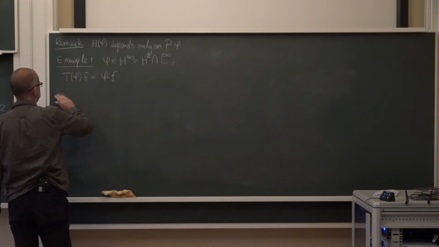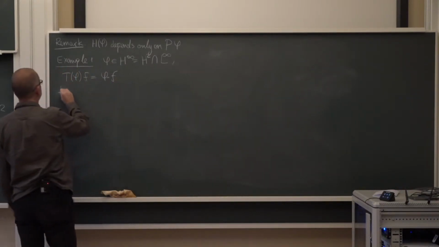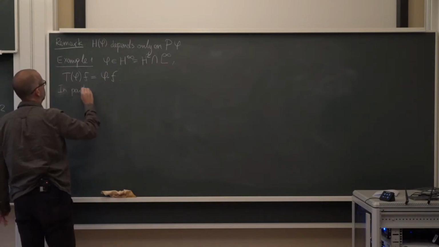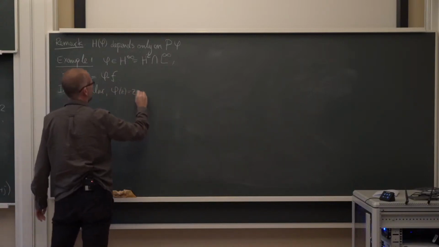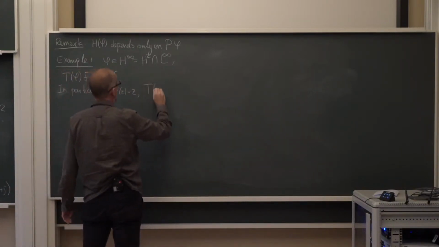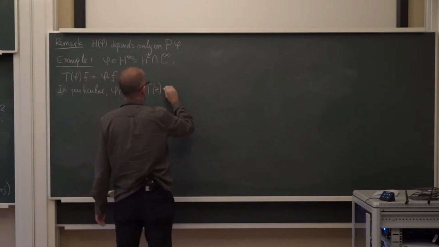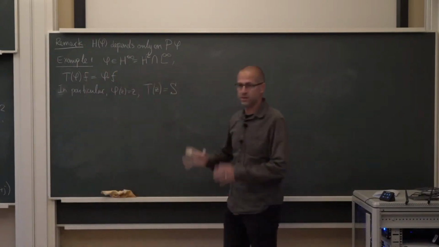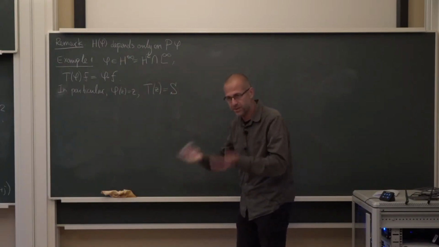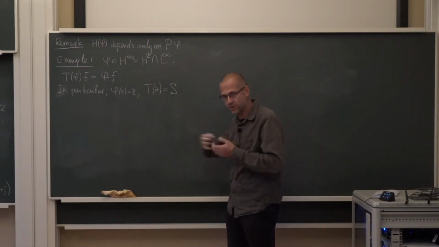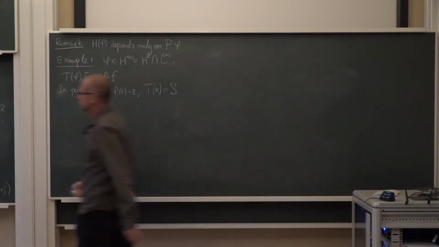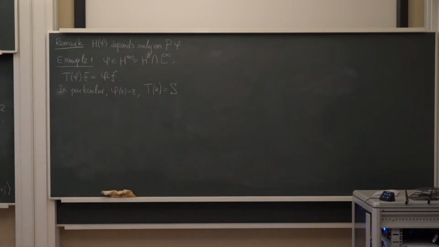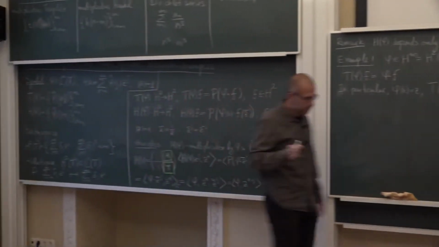In particular, if phi of z equals z, then the corresponding Toeplitz operator is what is called the shift operator. It's multiplication by z in the Hardy space, so it's the same as shifting the coefficients to the right. If you write down your function and look at its Fourier coefficients, the action of multiplication is the same as shifting all coefficients to the right and putting the first one to be 0.